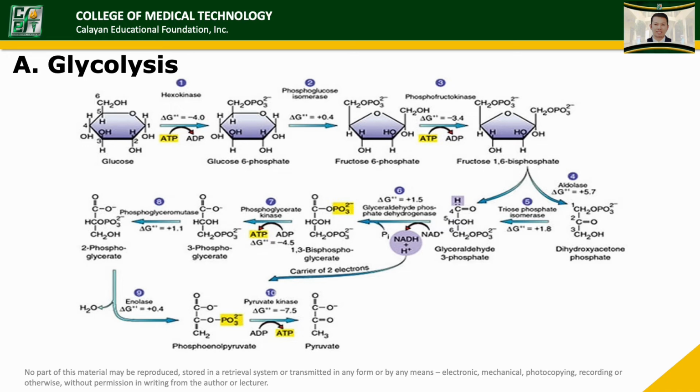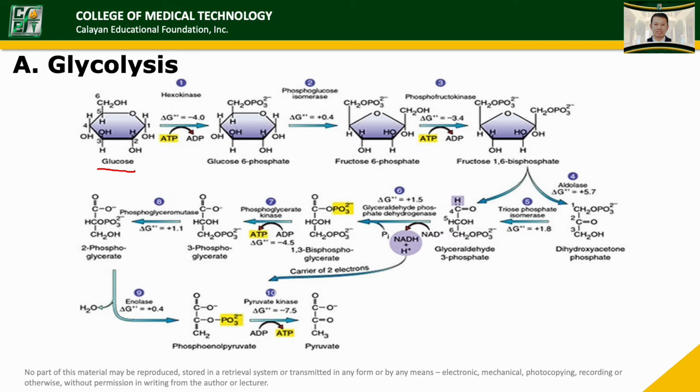For you to better understand this, you have to take into consideration reactants and products. On the first part, this is the raw material glucose, which is the first part of glycolysis.